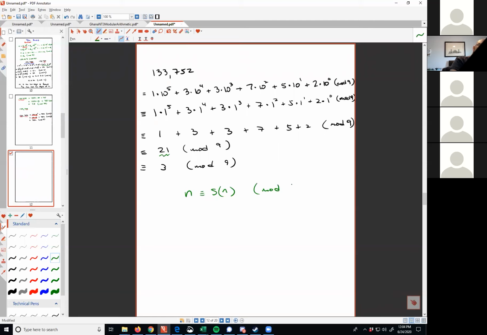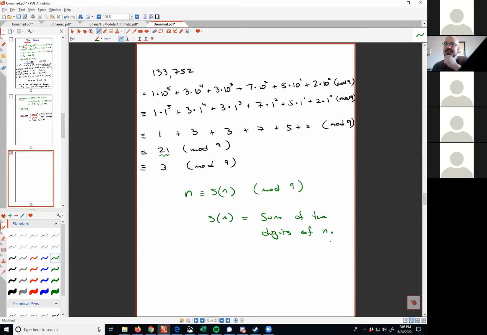The remainder when n is divided by 9 is the same as the remainder when S of n is divided by 9. So divisibility rule, remainder rule.